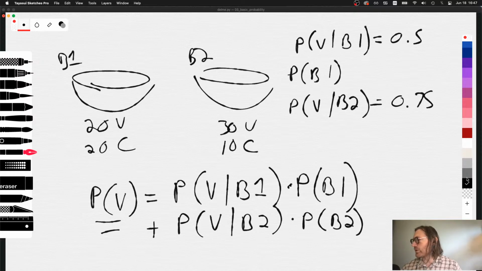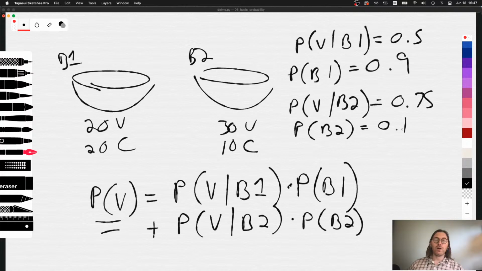So bowl 1 is going to have a probability of 0.9, and the probability of bowl 2 is going to be 0.1. So just imagine bowl 1 is this huge bowl. We're more likely to reach into it. It still has the same number of cookies, or the same frequency of cookies, we could say.